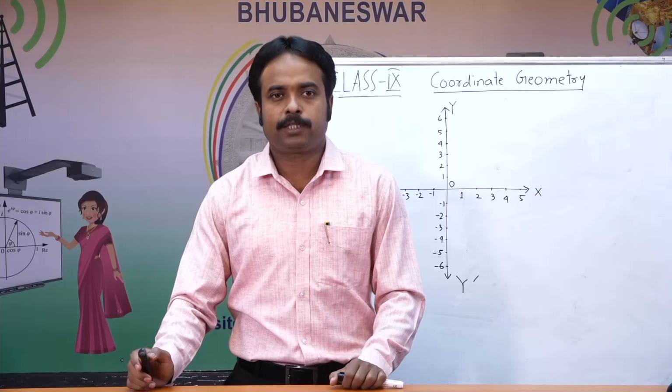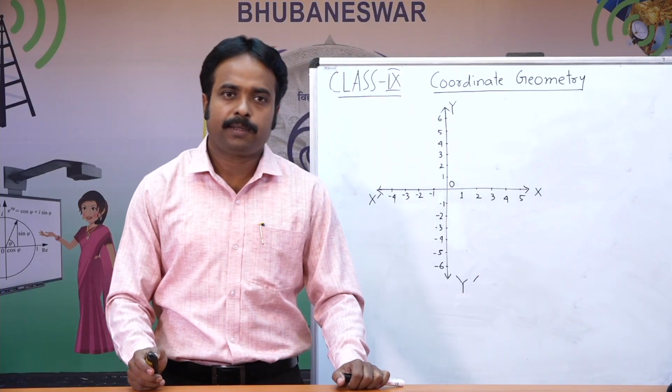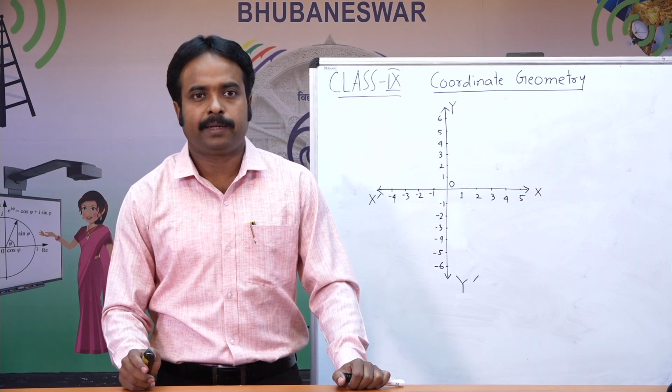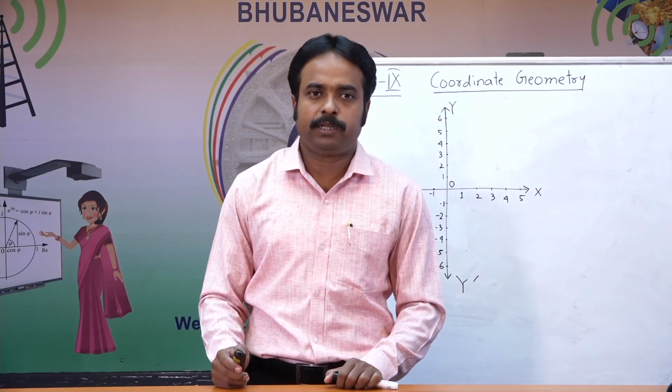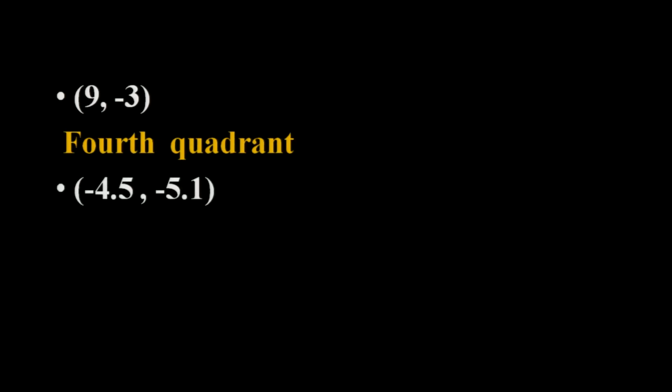9, -3. In which quadrant does this point exist? Obviously, you may say that the x component is positive and the y component is negative. So, therefore, it is the fourth quadrant. Similarly, -4.5 and -5.1. This is the fourth quadrant.